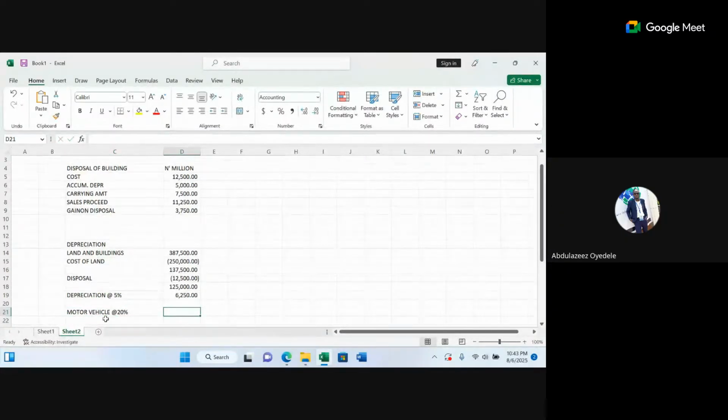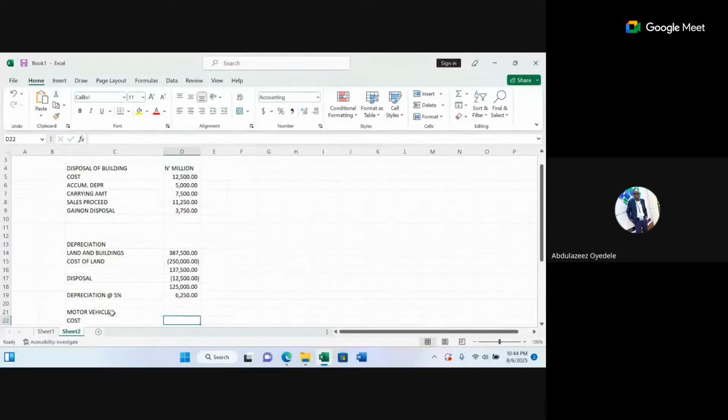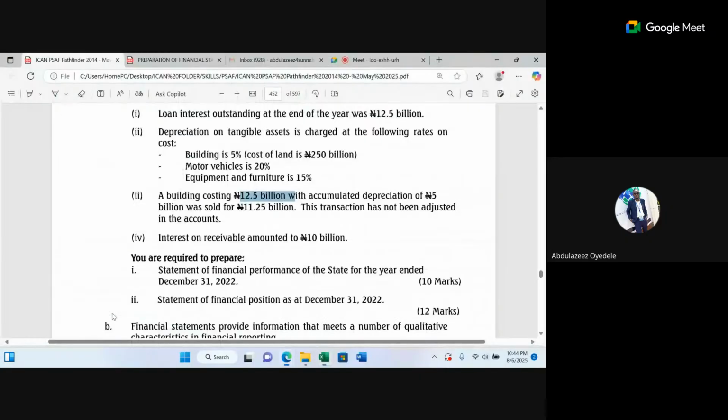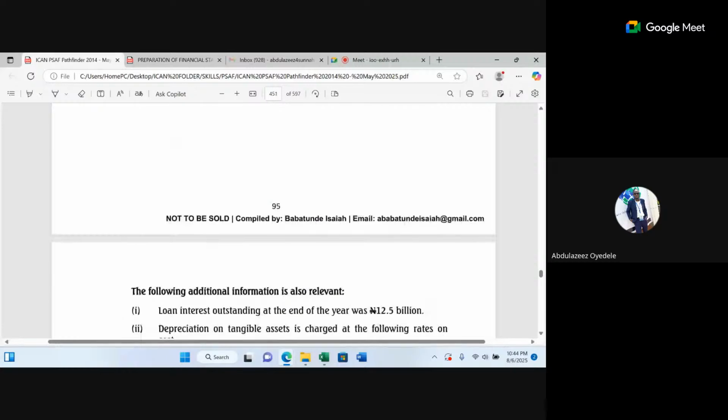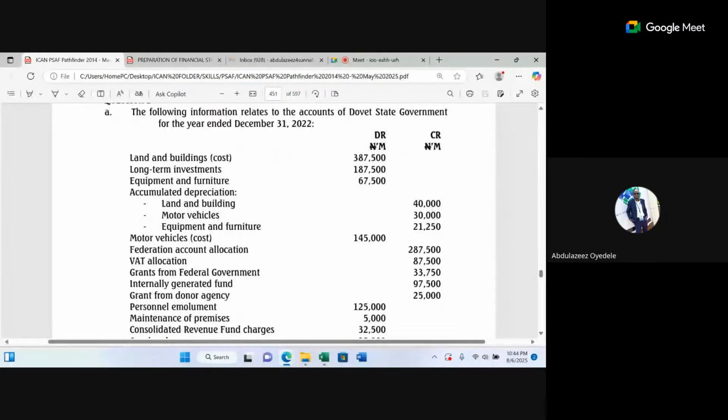So the cost of motor vehicle is how much?